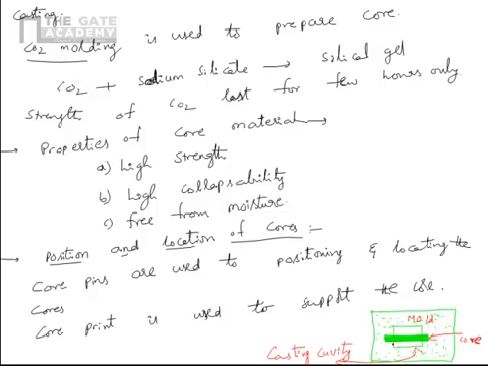The core print is this area, the supporting part, on both sides. There we use pins and such, but this area is called the core print. It's only sand supporting the core. The core is manufactured by CO2 molding, the special molding technique you have to remember for a 1 mark question.